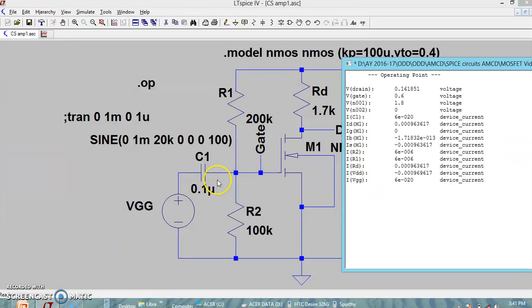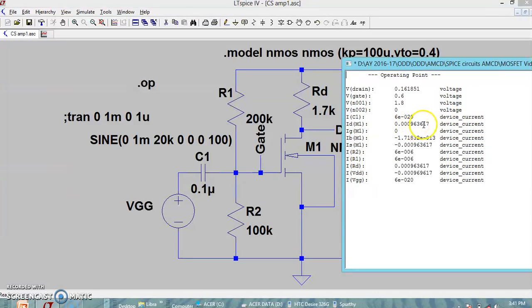Now it is interesting to see that when the value of drain resistance RD is increased from 1.5K to 1.7K, the drain voltage is now 161 millivolts, that is 0.161 volts, which is less than the saturation voltage VDS sat. VDS sat is 0.2 volts, and now it is less than 0.2. So naturally the drain current is no more 1 milliampere, now it has become 963 microamperes.